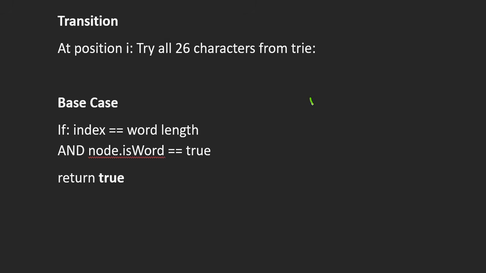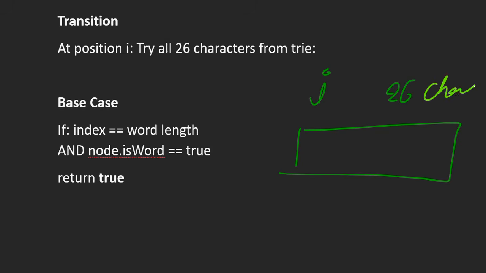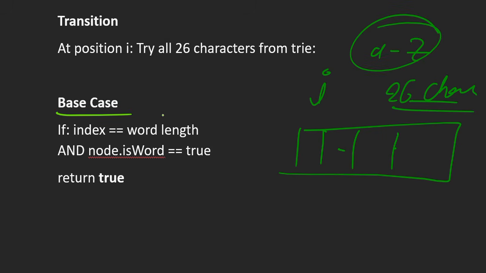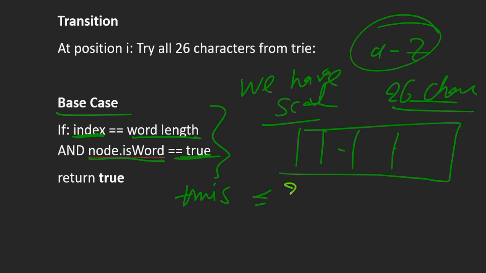And what will be our transition? At each position index i, we will be checking all the 26 characters from the trie data structure, that is A to Z, right? And what will be our base case? Base case is, suppose if index is equal to word length, and node.isWord is equal to true, that means we have scanned a full word, and the number of mismatches is less than or equal to 2.